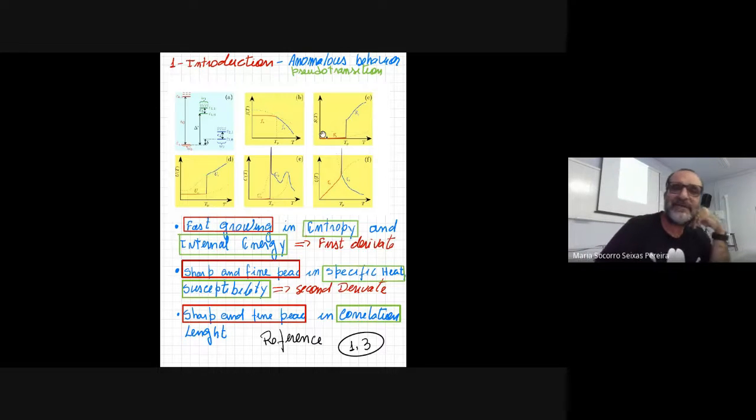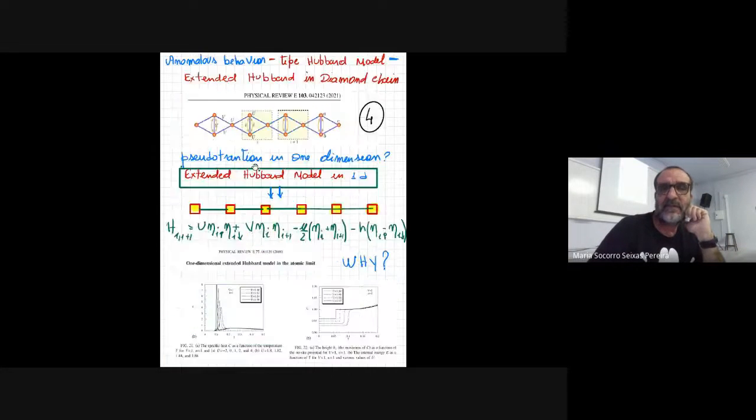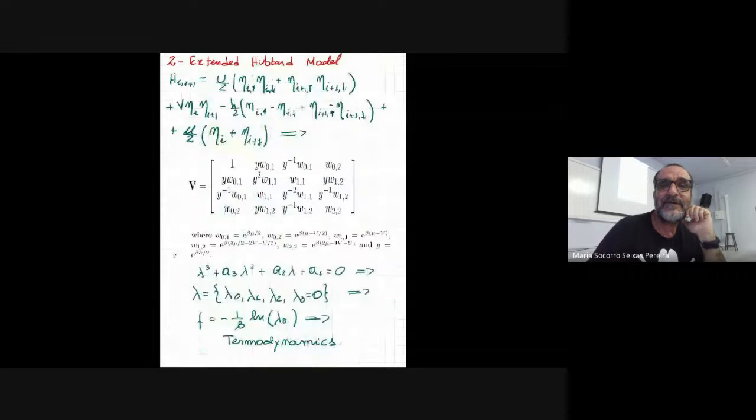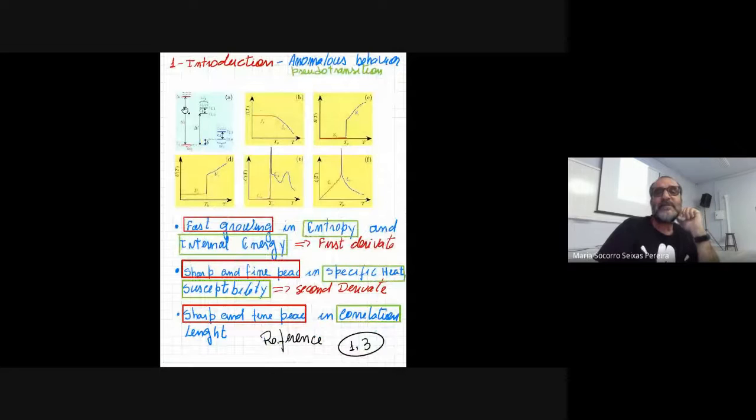If you have entropy graphs and you have a jump, a fast growth of entropy, normally we associate this graph with one possibility to identify a pseudo-transition. A similar thing occurs with internal energy, and when we look at the specific heat, normally you have a sharp and fine peak. The same occurs with susceptibility.